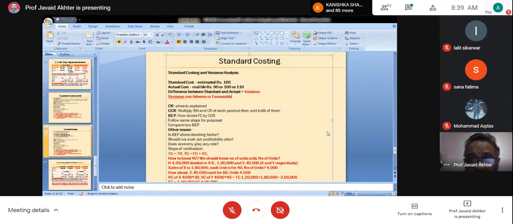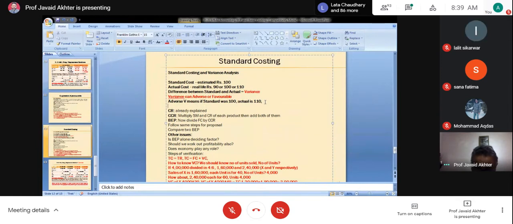Adverse variance means that if the standard was 100 and the actual is 110, then it becomes your adverse variance. What will be a favorable variance? Standard was 100, actual is 90. Yes, standard is 100, actual is 90. That becomes your favorable variance.